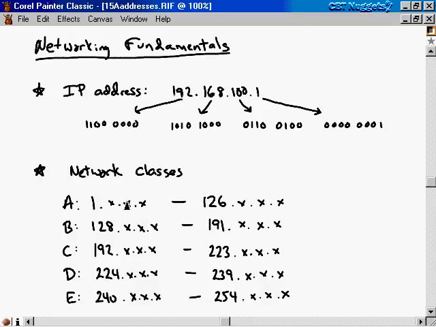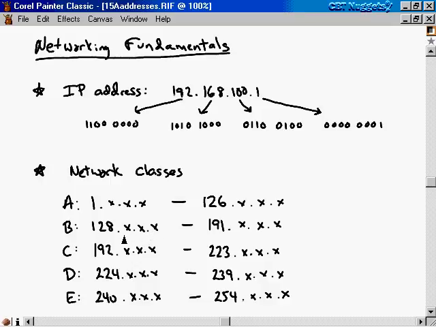Okay, then there are Class B networks. Class B networks fall in the range 128.x.x.x up to 191.x.x.x. When you own a Class B network, your network is defined by the first 2 octets of the IP address. So if my company owned a Class B network, it could be something like 130.140, and then we get all the addresses that start with 130.140.